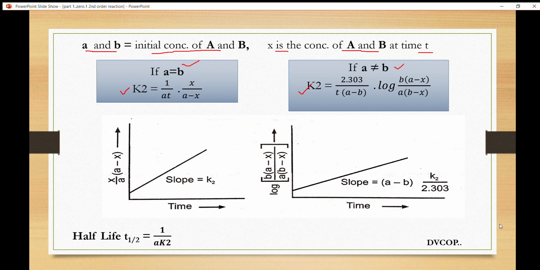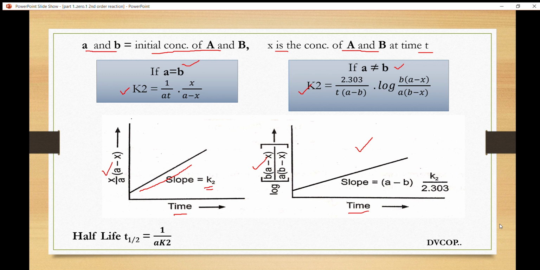When we plot this equation on a graph, on the x-axis we take the time and on the y-axis we take these two different quantities. Then the slope of this line gives the value (a minus b) K2 divided by 2.303.